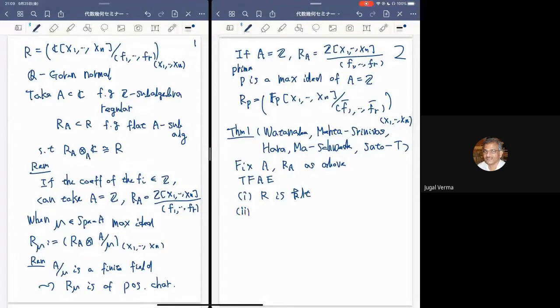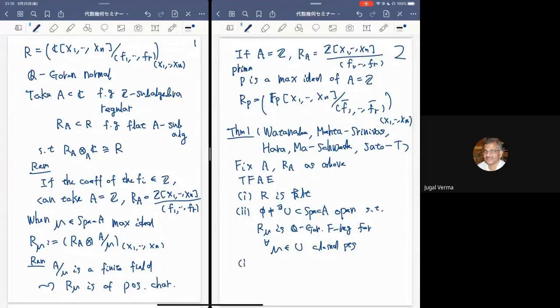The second condition is that there exists a non-empty open subset U of Spec A such that R_mu is Q-Gorenstein and F-regular for all mu in U, with mu a closed point, which means a maximal ideal.